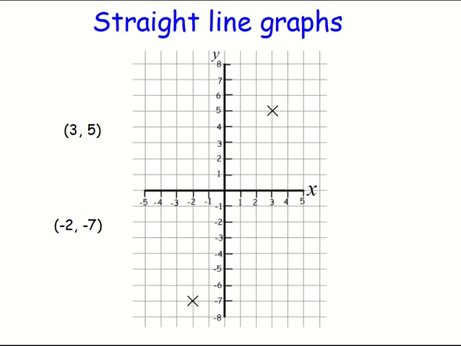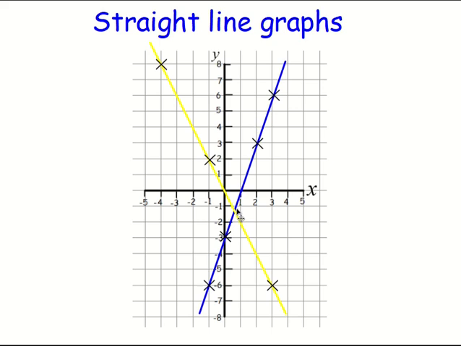But what do these coordinates do, or what can they do? They can plot lines, straight line graphs in actual fact, and you might get something like this, for example. And you can see the coordinates on that line there. You could have a line looking like this, or a line even looking like this.